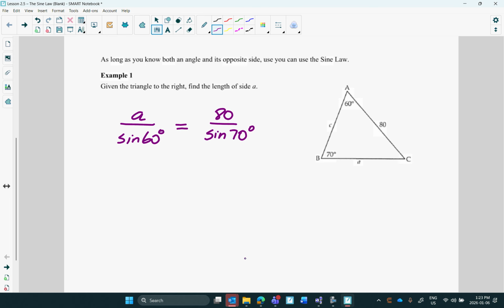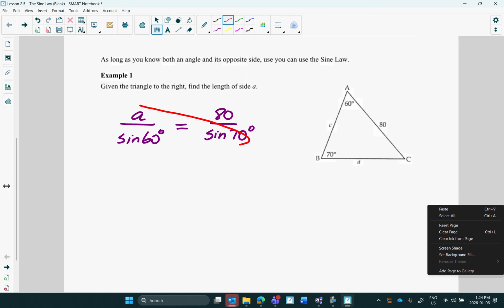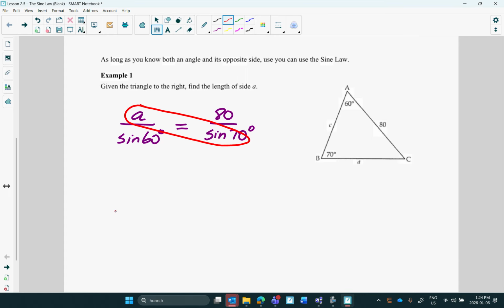Now remember, this is equation solving. We want to get A by itself. Okay? Well, when you've got a single fraction on either side of the equation, there is a quick way you can get rid of the fractions. And that's by cross multiplying. This times this will equal this times this.